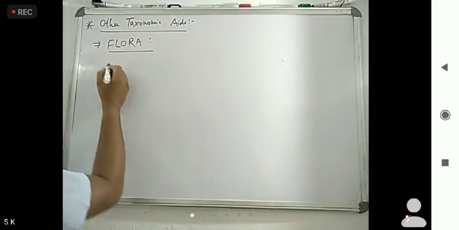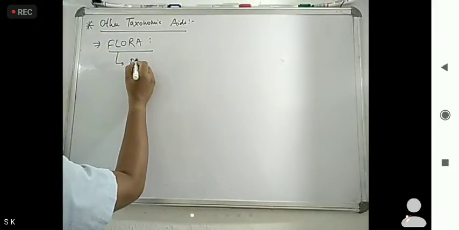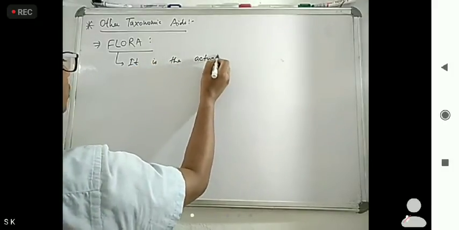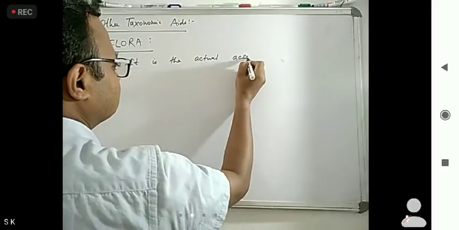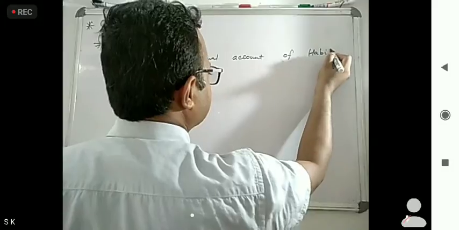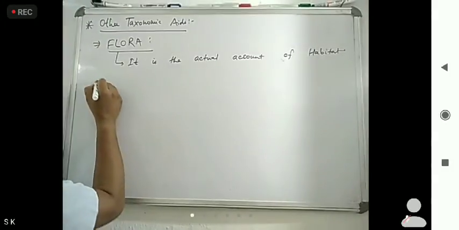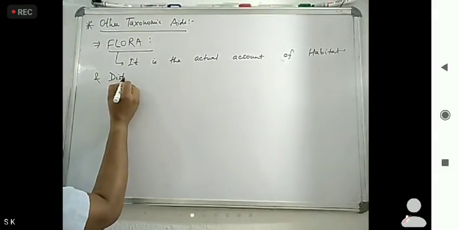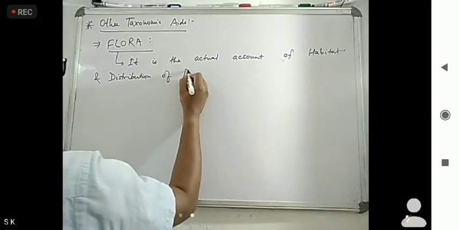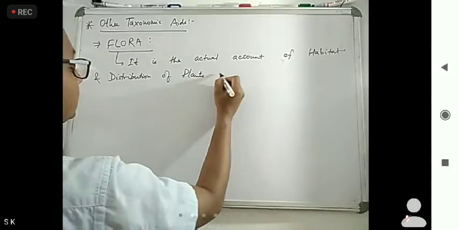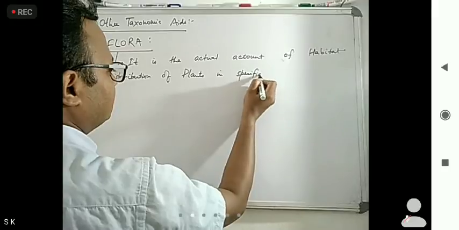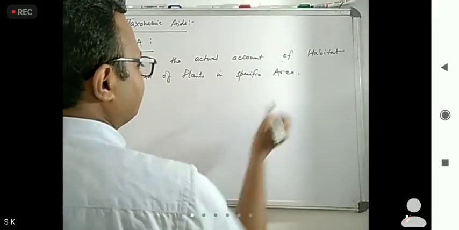So it is the actual account of habitat and distribution of plants in a particular area.